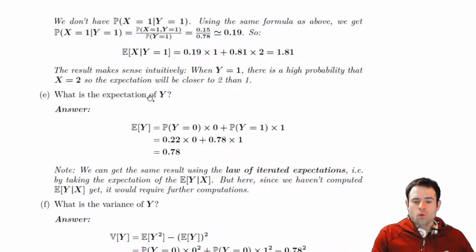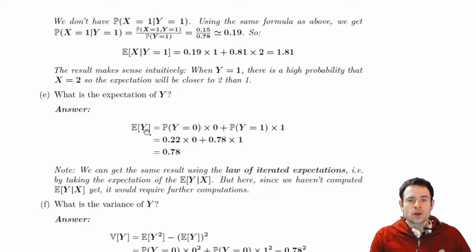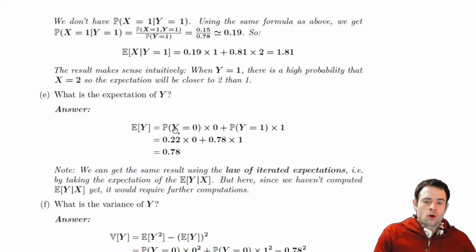What is the expectation of y? Here, there is no condition anymore. I just want to know the expectation of y. At this stage, we have all the information that we need. Y can either be 0 or 1. So I'm going to do probability of being equal to 0 times 0 plus probability of being equal to 1 times 1.